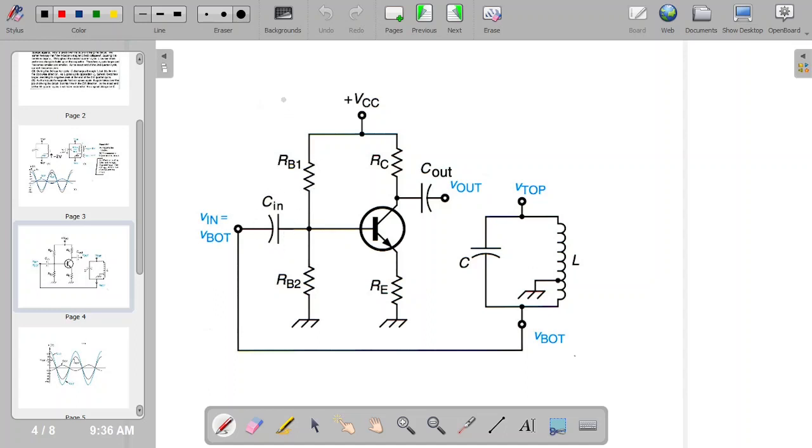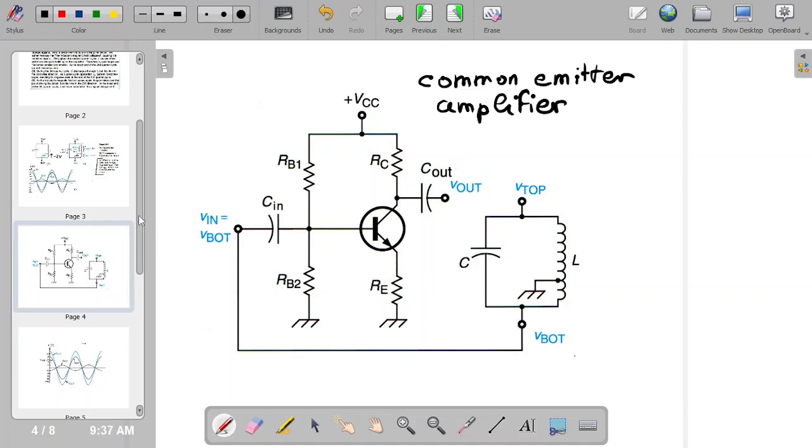So this whole thing here is a common emitter amplifier. Okay, so it's a common emitter amplifier. So what's going to happen is that V in is going to be amplified, and there's going to be another phase opposition between the V in and the V out. So that's the output here.